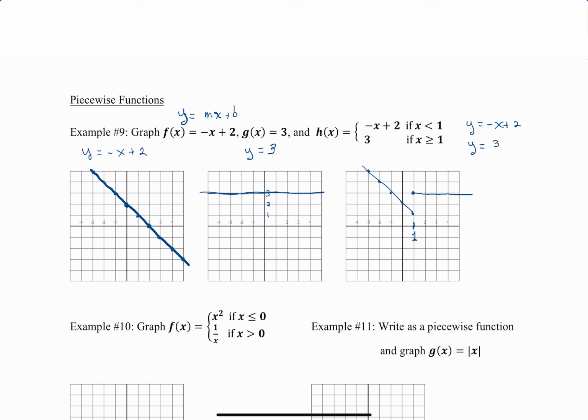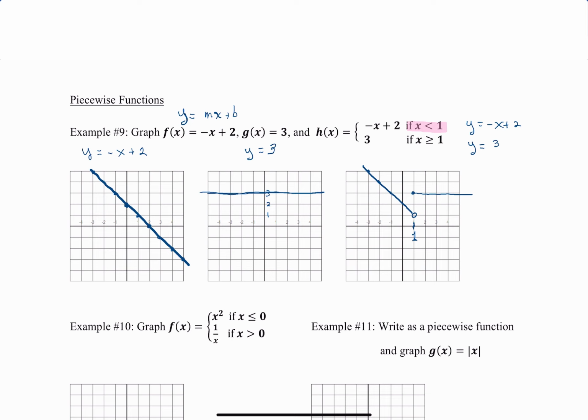Now, one modification we need to make here, this dot on the slanted line, that's got to have an open circle at the 1, because we are not actually including the point where x equals 1, because this piece of the graph is only for x less than 1.